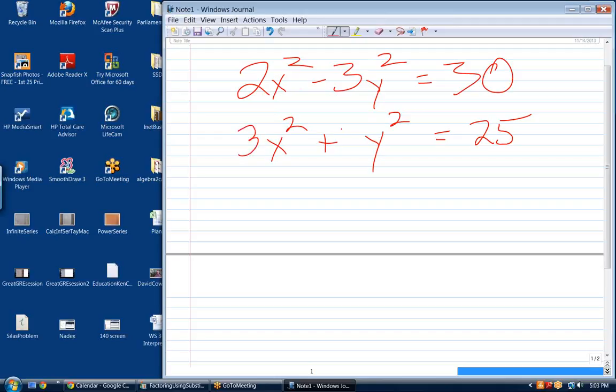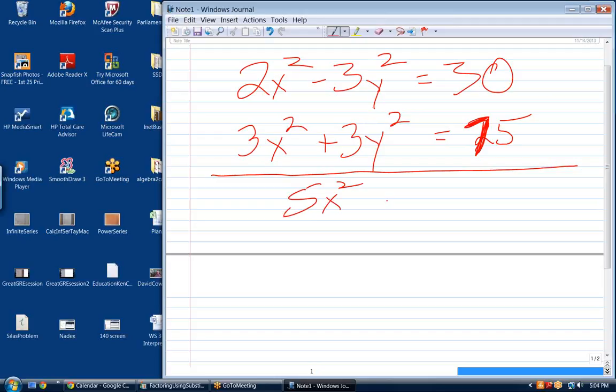So that becomes 3x squared, 3y squared, and 75. In other words, I just multiplied the bottom equation by 3, both sides. Now, you're always allowed to add equations. So when I add these two equations, I get 5x squared.